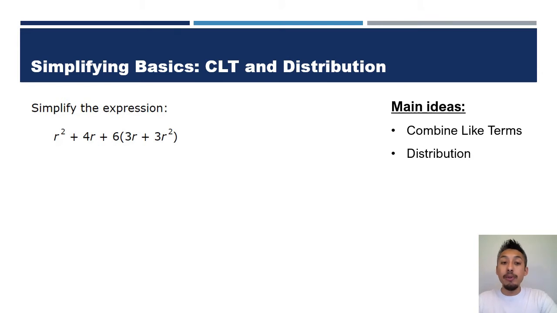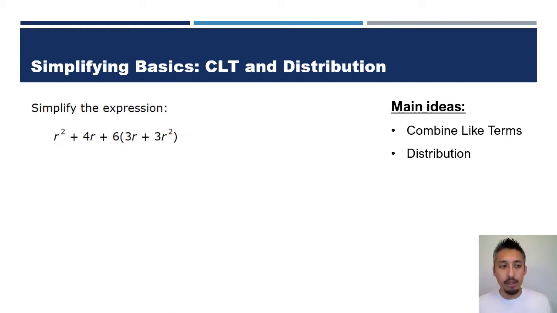And now that we reviewed these main ideas, let's go back to the first problem that I showed you, which is right here now. In order to simplify this problem, we need to determine which of these two main ideas, combining like terms and distribution, we need to do first.